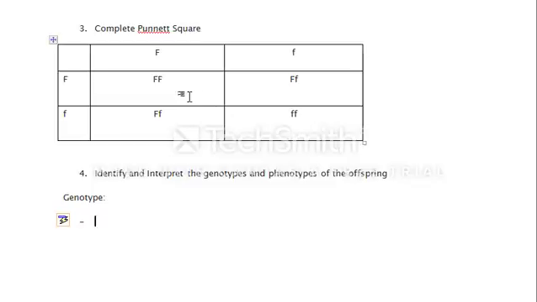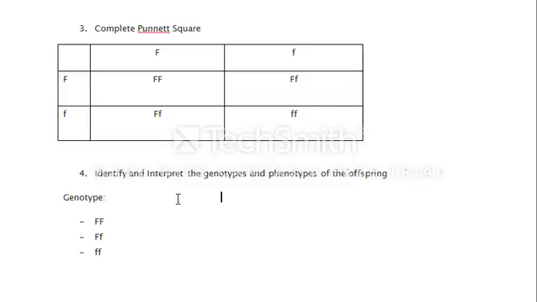So we can look back to our Punnett square that we created in step 3, and we can see that offspring 1 will be big F, big F. Then we have 2 offspring that are big F, little f. And the last one, the fourth one, will have little f, little f.